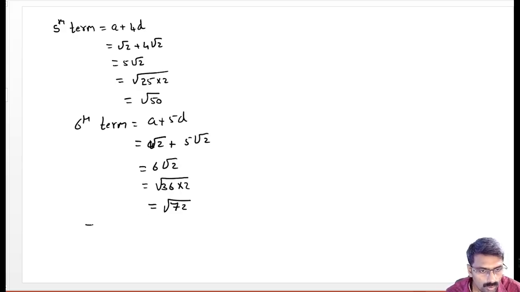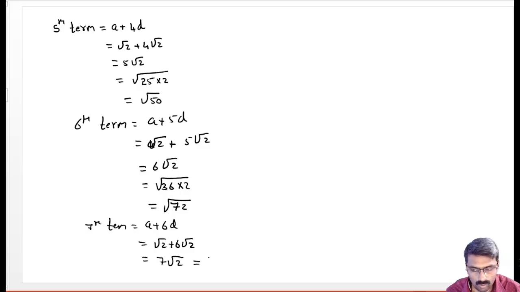Then our seventh term would be equals to a plus 6 times d, which is equals to root 2 plus 6 times root 2, which is equals to 7 root 2. When 7 goes inside, it becomes 49. So 49 into 2 becomes 98, that is root 98. This is our seventh term.